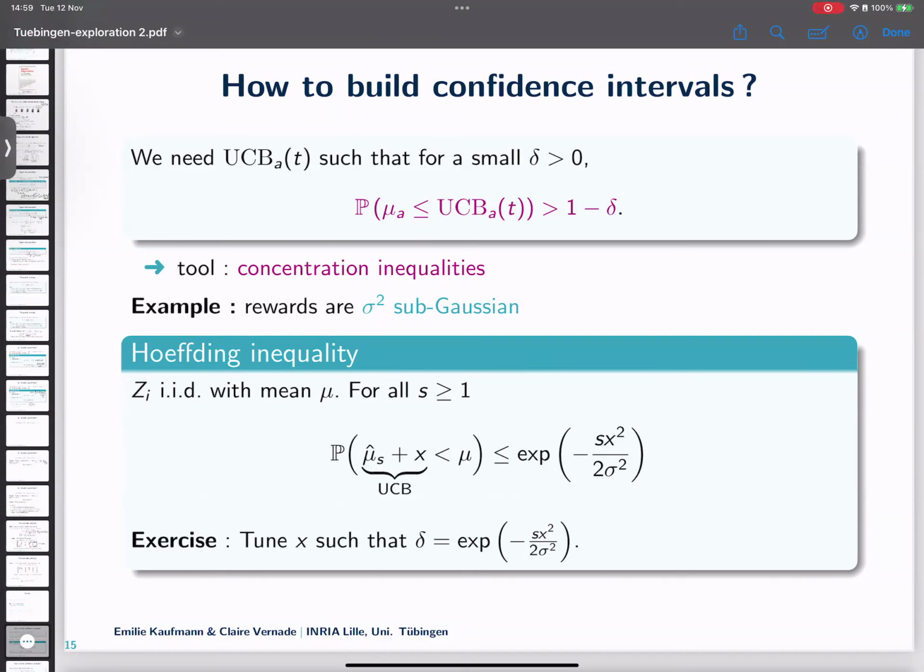So we're going to restrict our world to nice distributions that actually have an expectation, and even stronger, they have a variance. We're going to assume that the tail of the distribution is bounded by Gaussian tails. So I'm allowing my arms to have distributions that are not Gaussian, but that look like Gaussians, or at least are bounded by some Gaussian with variance sigma squared.